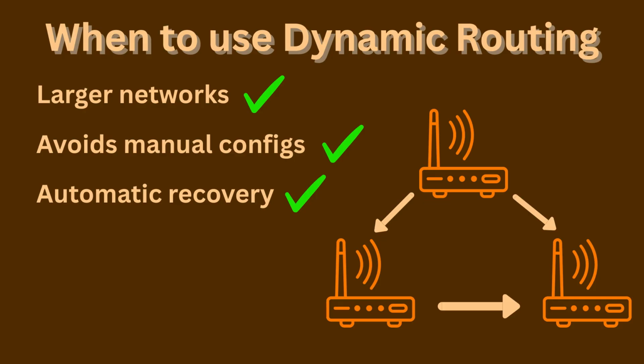It's also highly scalable. If you add a new router into the network, you only have to configure that router, and the rest of the network learns about it automatically. This saves time, reduces human error, and makes managing growth much easier.